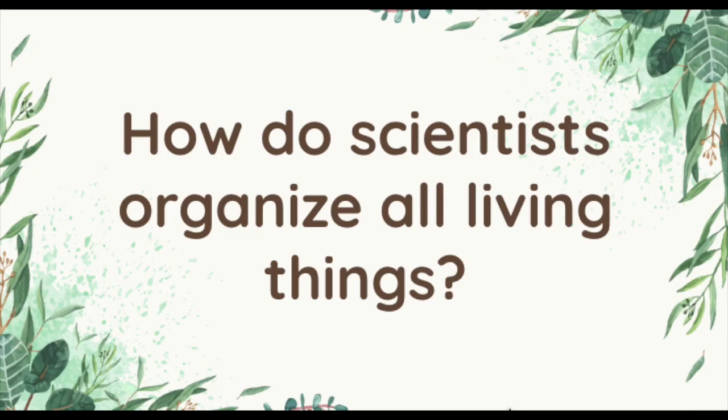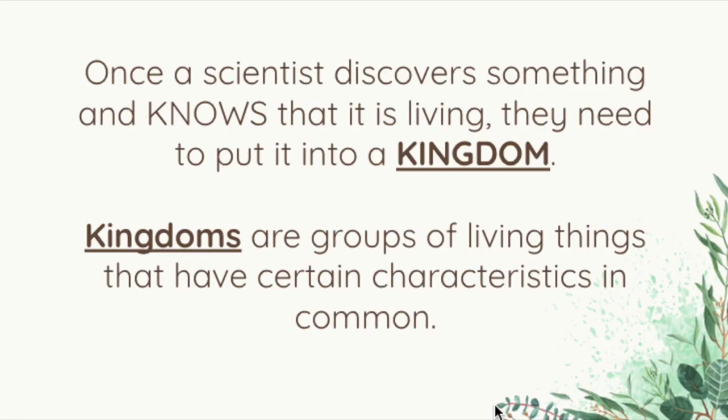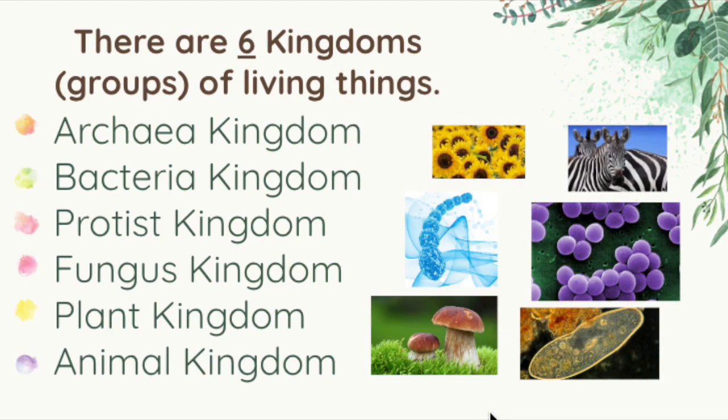So how do scientists actually organize all living things? They organize them into groups or kingdoms, and these are the names of the 6 different kingdoms. We've got Archaea kingdom, Bacteria kingdom, Protist kingdom, the Fungus or Fungi kingdom, Plant kingdom, and Animal kingdom.